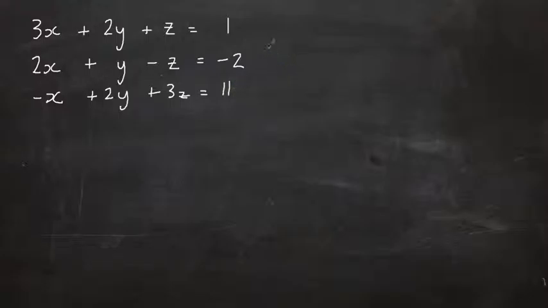Alright, so these three equations are all true and they're all correct, but we need to try and solve them to find out what x is, what y is, and what z is.